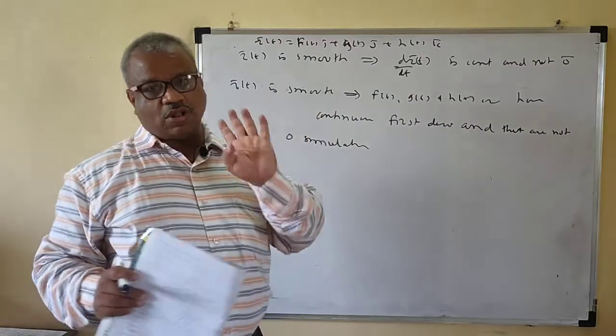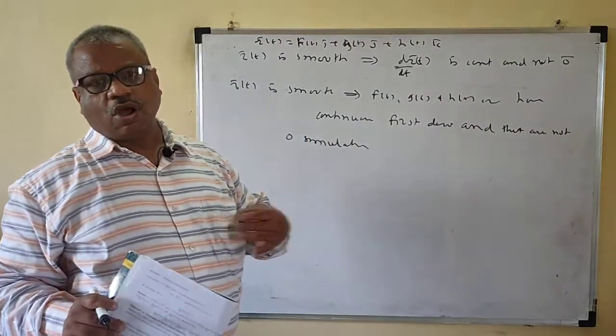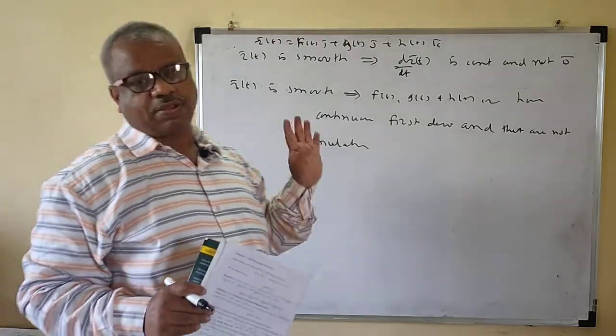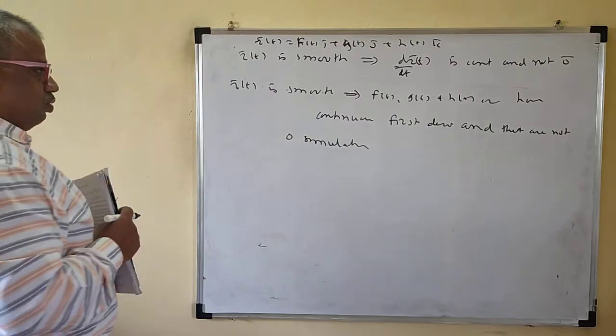That means one of them is not equal to 0. All may be non-zero, but one of them must be non-zero.